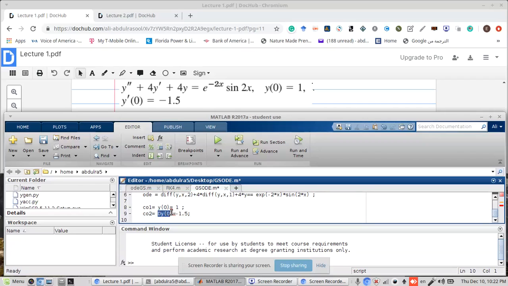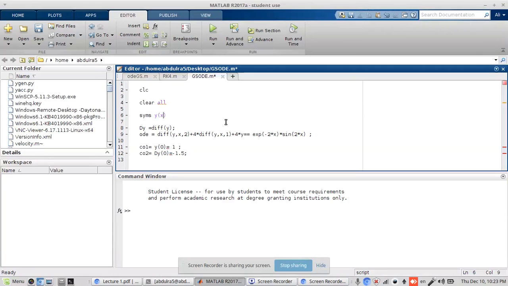But here I have to find something at the beginning, and this will be the system, or the abbreviation for system, y in terms of x, and the first derivative will be like that. So now I have everything set up: the ODE, the conditions, and everything is defined here.